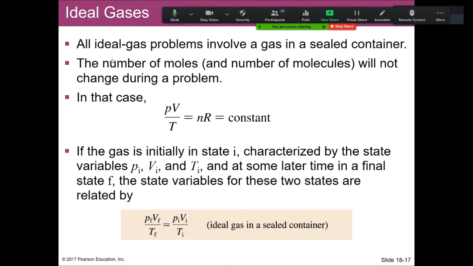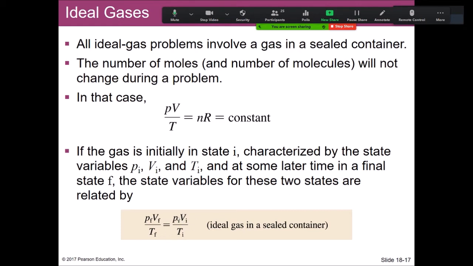Because the nR part of the ideal gas law becomes a constant, and then we can create this proportion. The pressure times volume over T will be locked. That will not change. And so we can create a before and after proportionality.